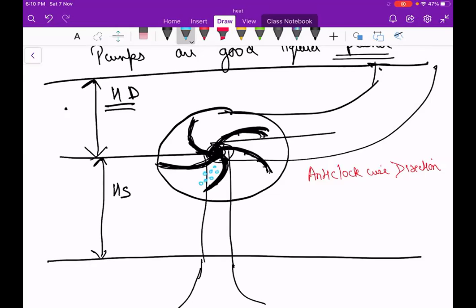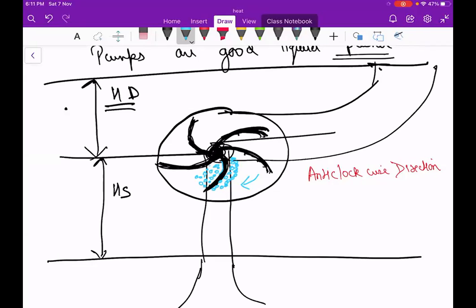If the impeller moves in the clockwise direction, the fluid particles will stay there and may create pressure on these blades, so there may be a chance of the blades breaking. But if it moves anti-clockwise, the fluid particles will be here, so there are very few chances of physical damage to the blades.